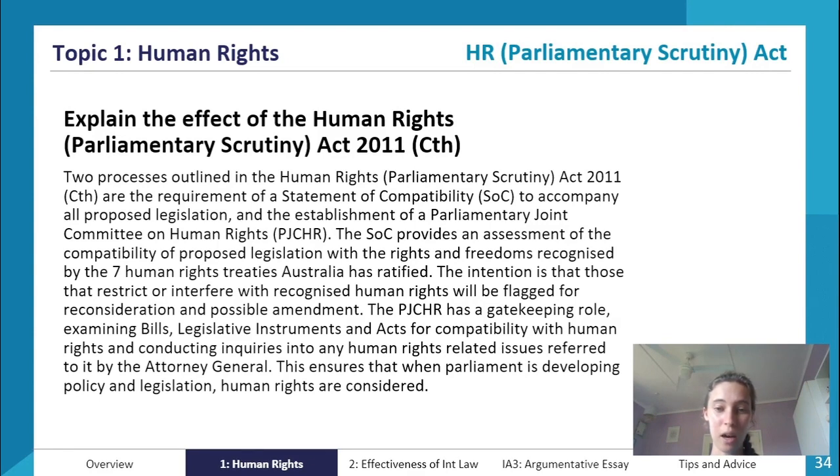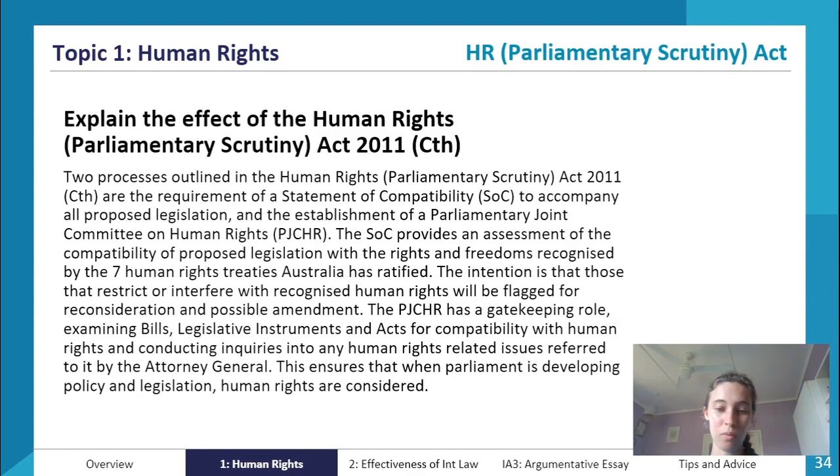And then the idea of the Parliamentary Joint Committee on Human Rights, it has a bit of a gatekeeping role. So it's going to examine bills and legislative instruments and acts for compatibility as well, with those human rights, in all those other treaties. And it's also able to conduct inquiries into any human rights related issues.